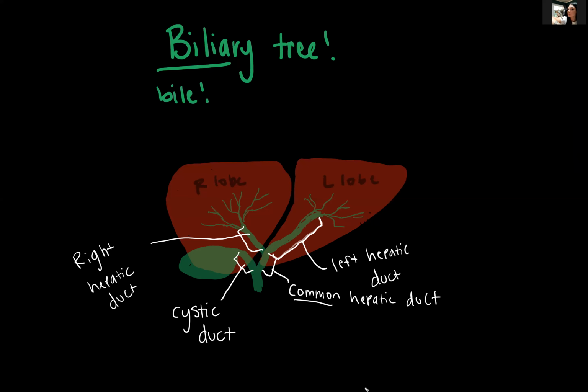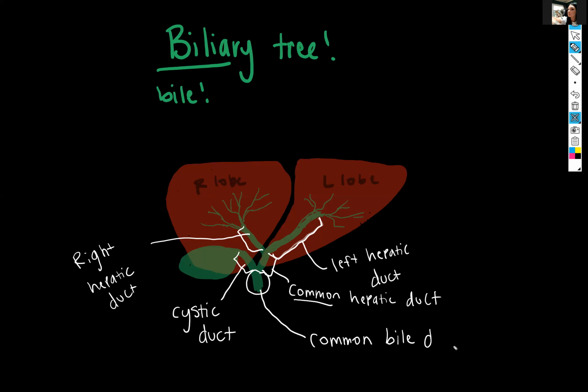And then see, now these two are joining, so we have to change names again. And since this duct right here is collecting bile from both halves of the liver and from the gallbladder, we call it the common bile duct.